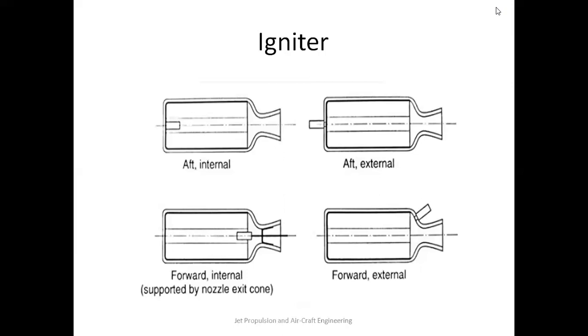In the bottom left one, you can see the igniter is placed inside the combustion chamber, which is forward internal, while in the bottom right you can see forward external. So these are the various places where the igniter is placed.